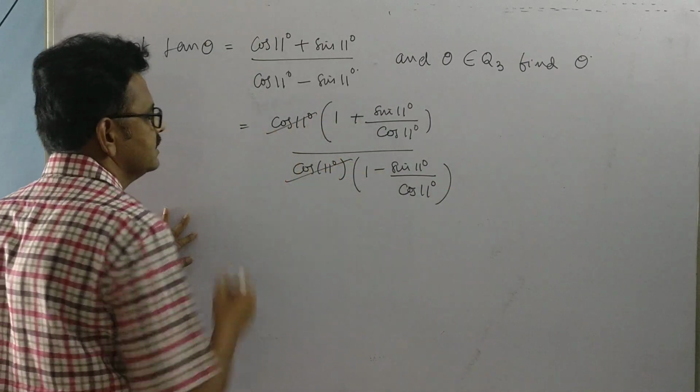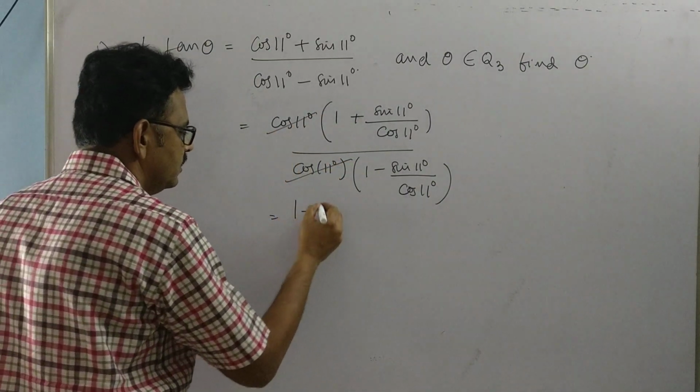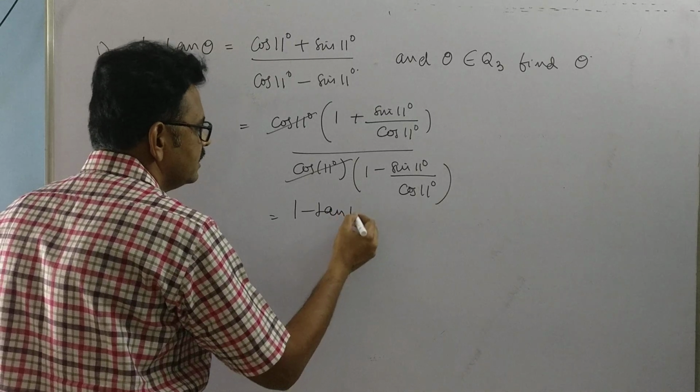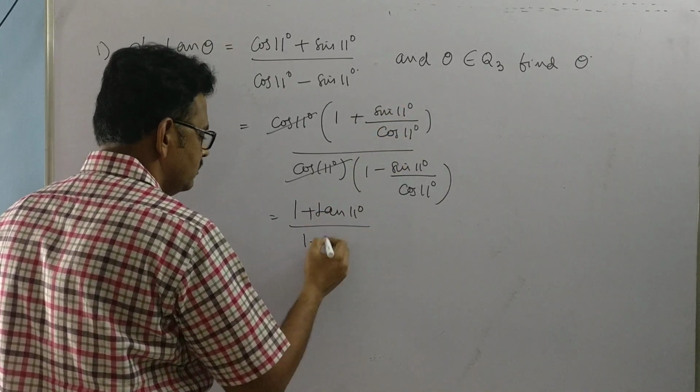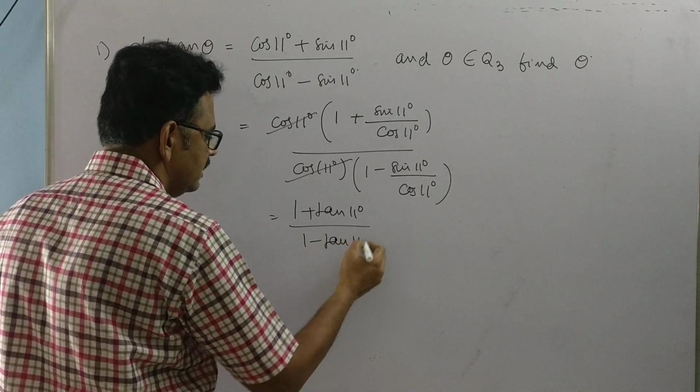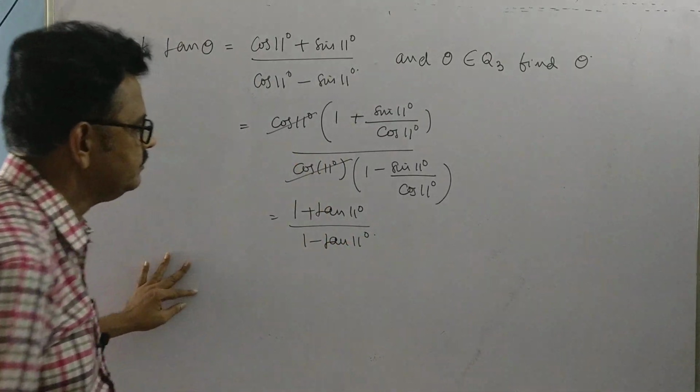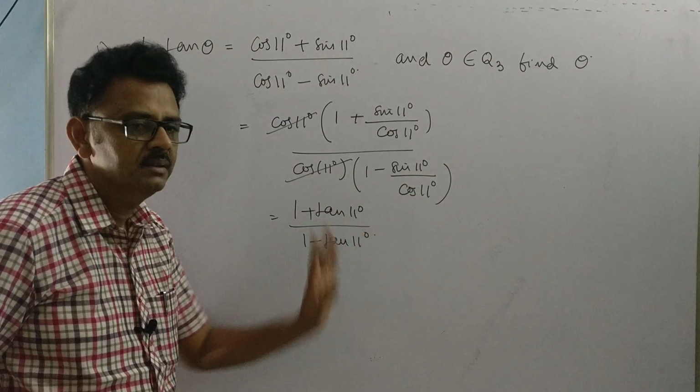These two get cancelled. So this is (1 plus tan 11 degrees) by (1 minus tan 11 degrees), since sin by cos is tan.